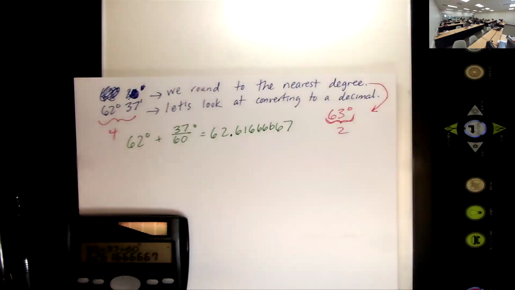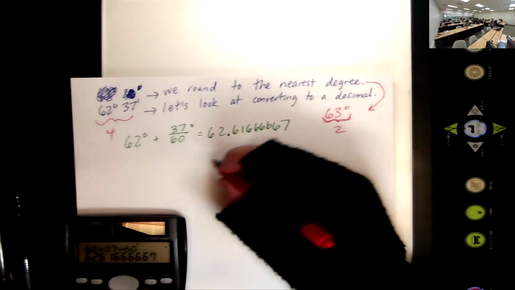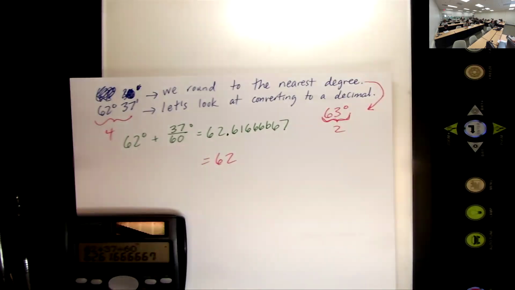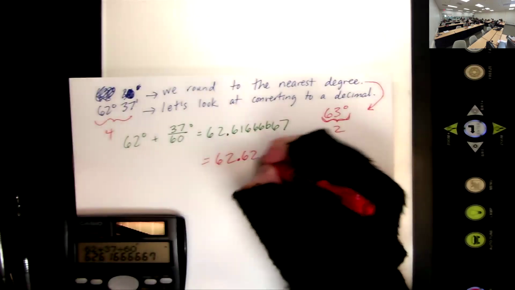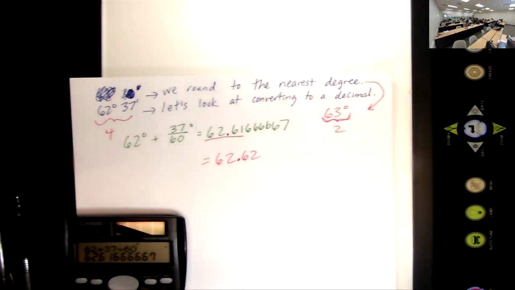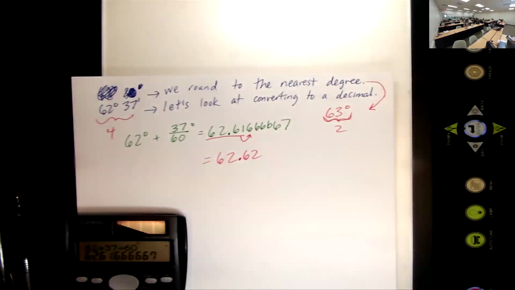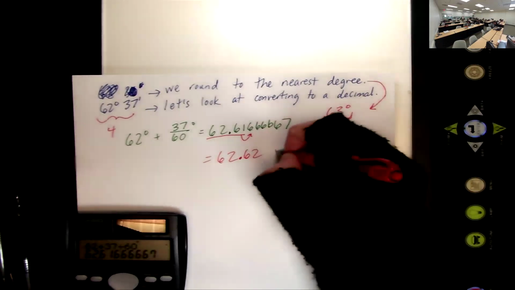What should I actually write as my answer? We wanna do 4 digits. And that actually tells us, let's look over here to round. And so we'll have 62.62. That's the good answer.